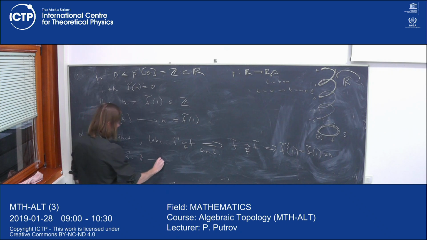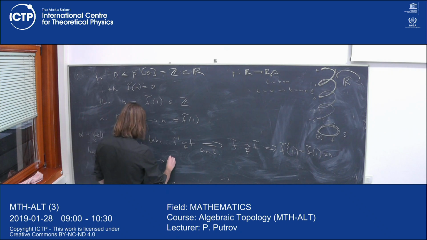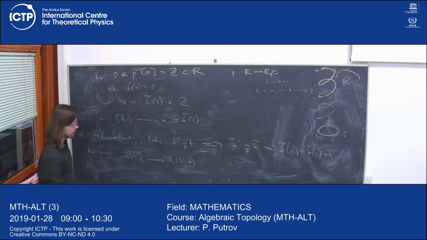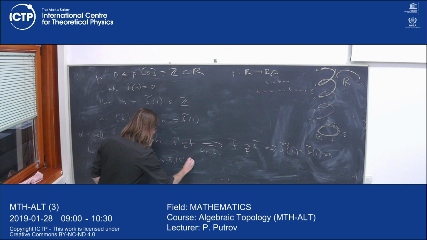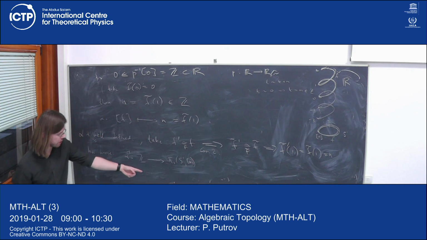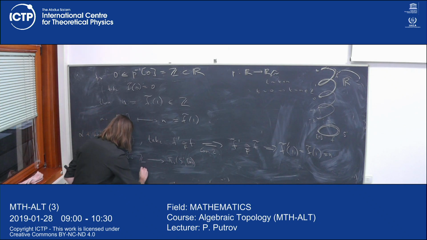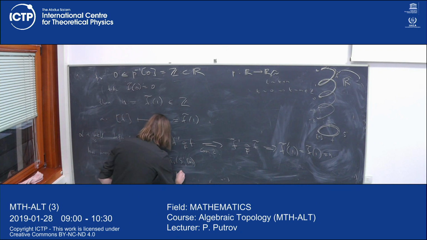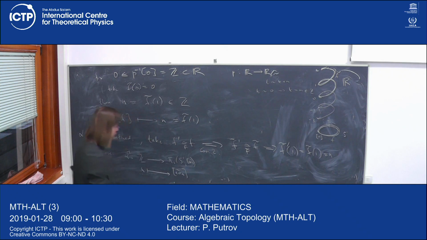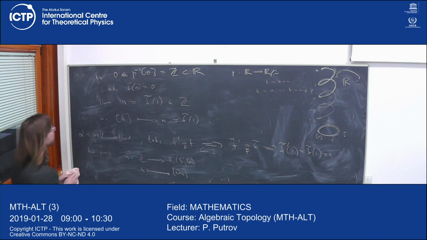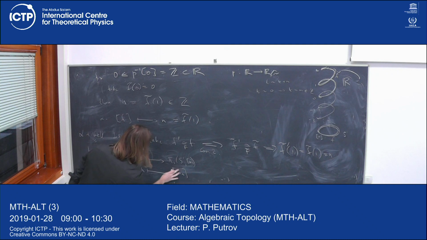So consider the map from integers to pi 1. Given an integer, we want to construct some loop here in S1. Let me denote this loop by omega n.